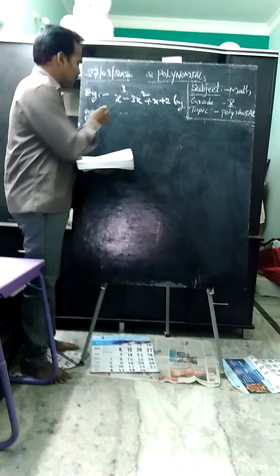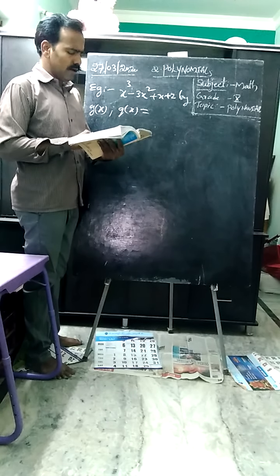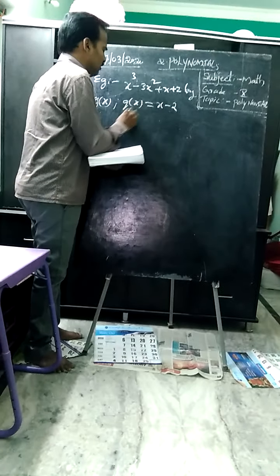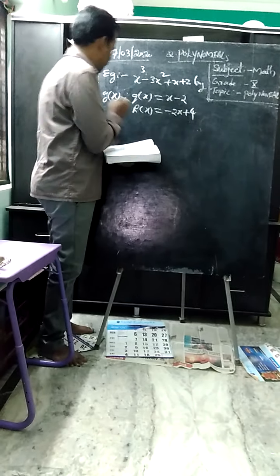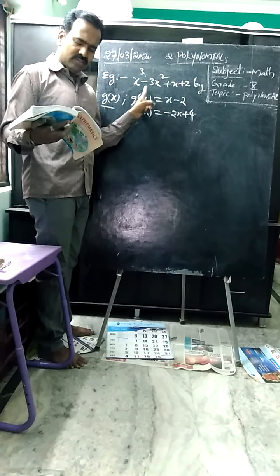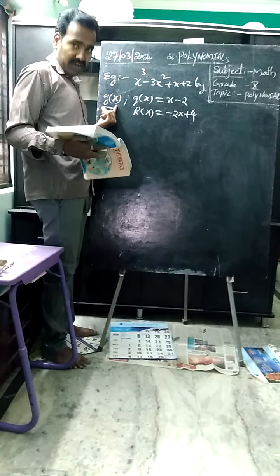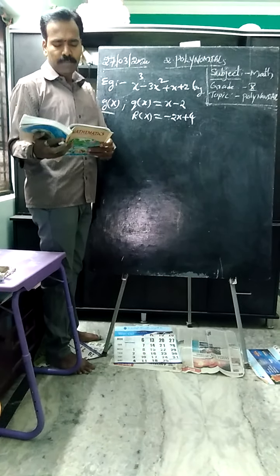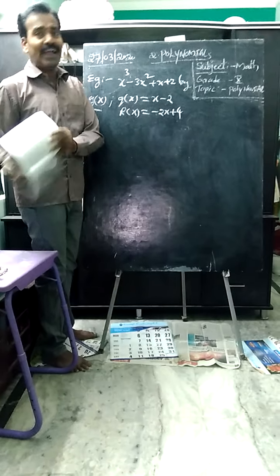So here the quotient and remainder are given: quotient is x minus 2 and remainder is minus 2x plus 4. Then find the divisor. Again I am repeating, on dividing x cube minus 3x square plus x plus 2 by a polynomial g of x that we need to find, we will get the quotient and remainder as x minus 2 and minus 2x plus 4 respectively. Then find g of x.